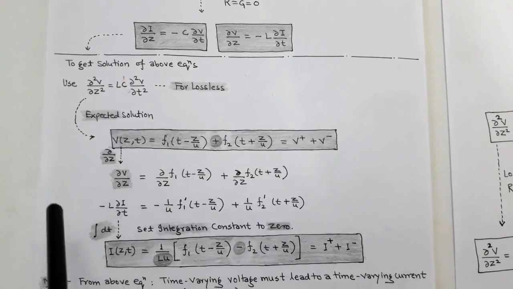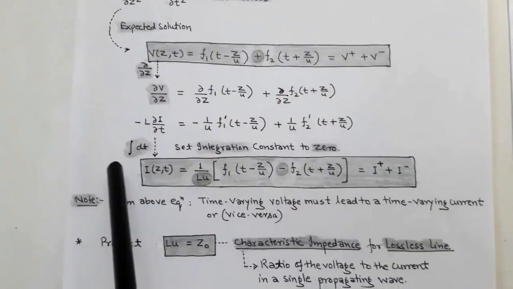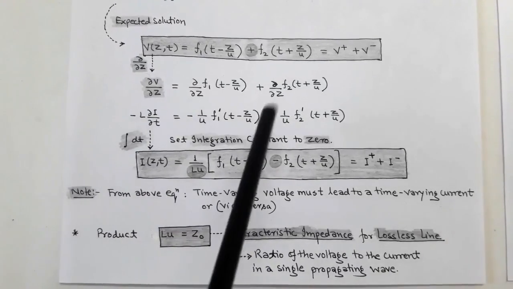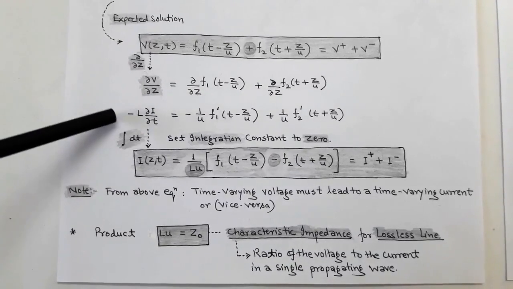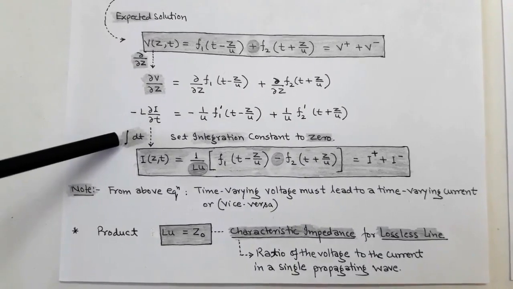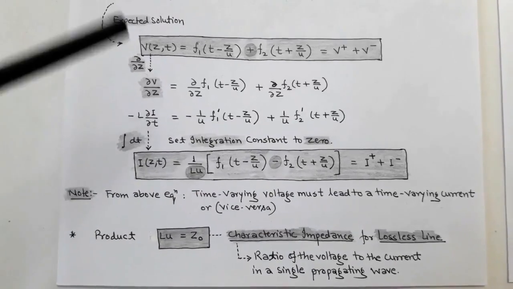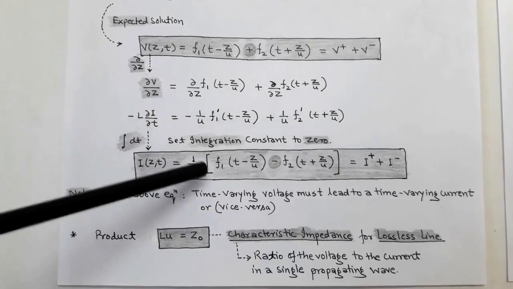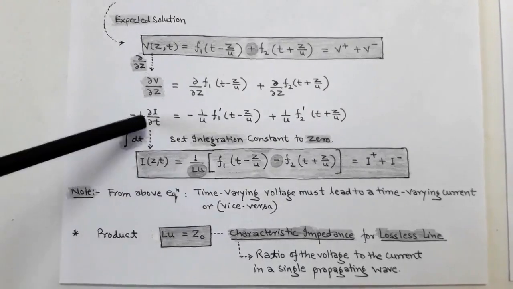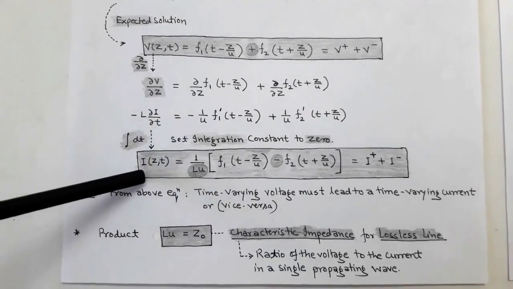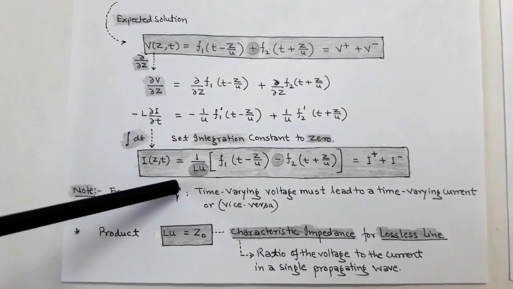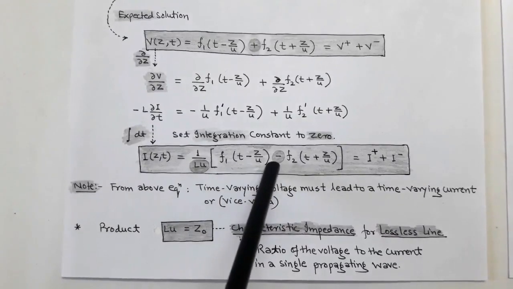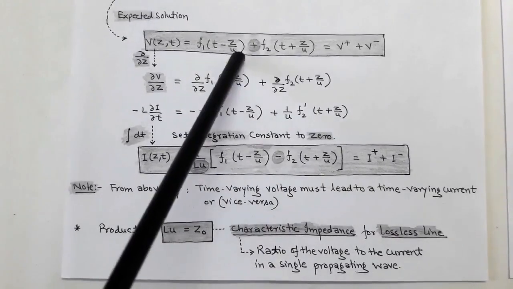The next step is to integrate with respect to time, setting the integration constant to 0. After integration, we get the current. For this we take minus L to the right side. We get the current I(Z,T) equals 1 upon L into u within bracket f1 of t minus z upon u minus f2 of t plus z upon u.